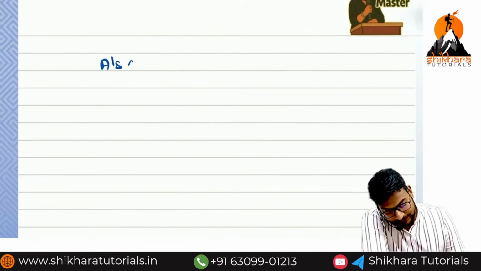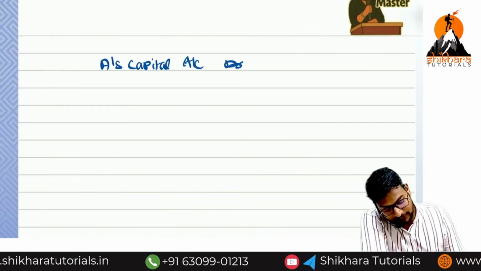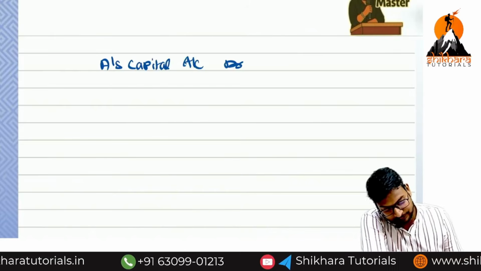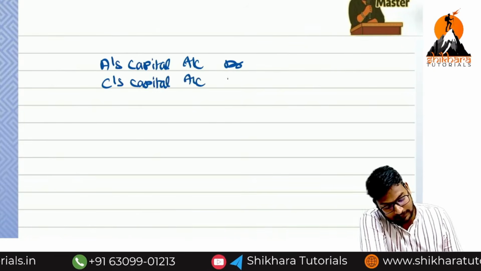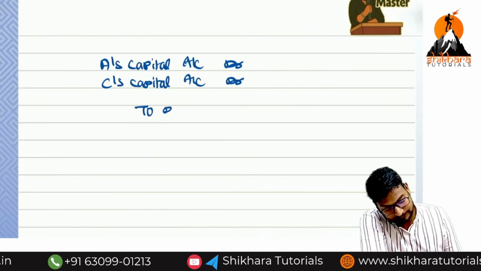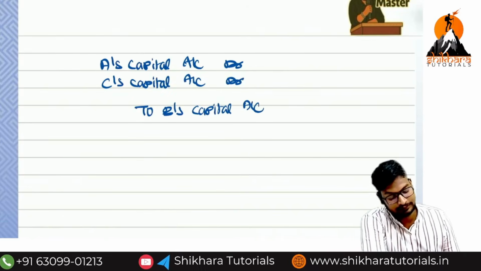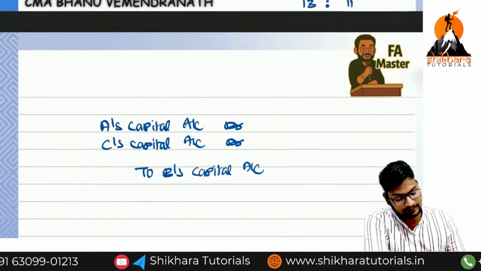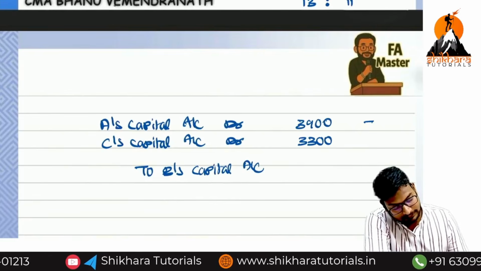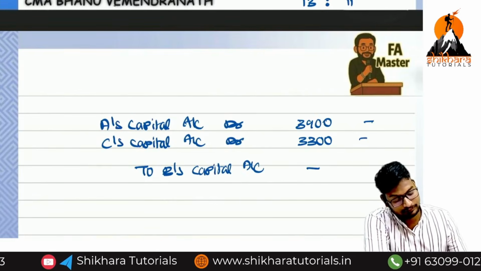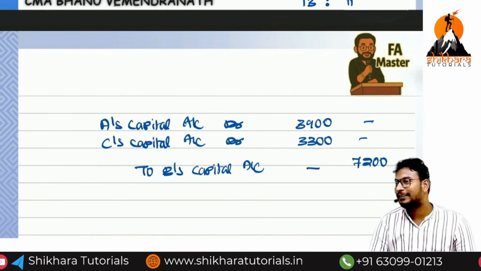So A's capital account debit, C's capital account debit, to B's capital account, the retiring partner. So how much, Amma? 3,900, 3,300, total 7,200.